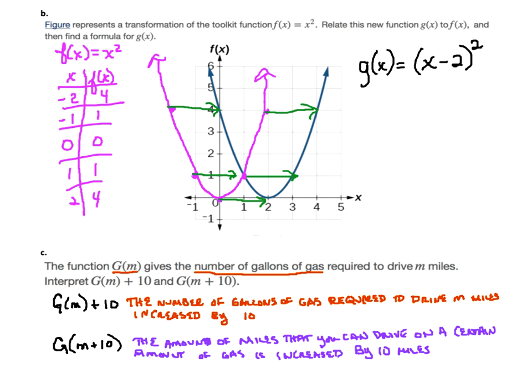In other words, maybe you bought a compact car and now you're getting 10 more miles than you would have with the same amount of gas from your other car. So it's the difference in changing the gallons of gas and the actual miles if you're dealing with the output or the input.